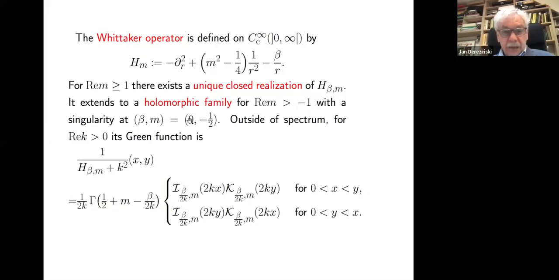So at beta equals 0 and m equal -1/2. And I will explain this singularity. And there is a formula for the Green functions, which uses both kinds of Whittaker functions.